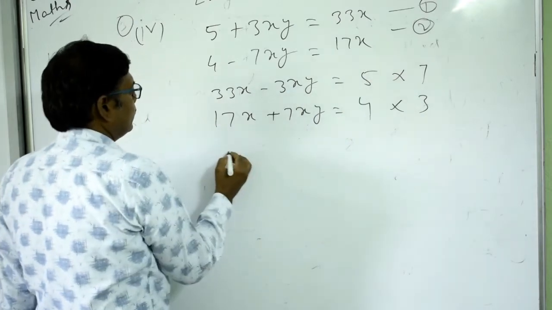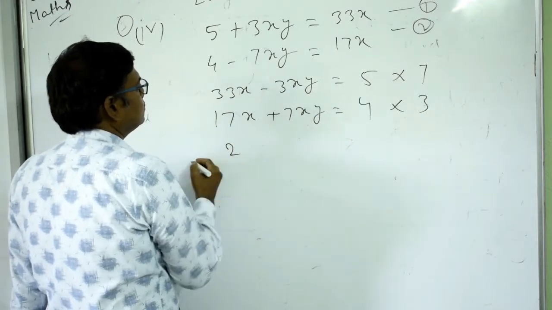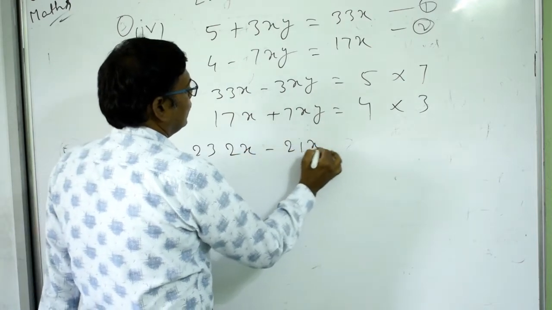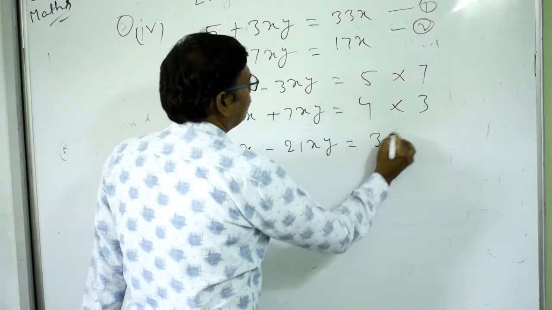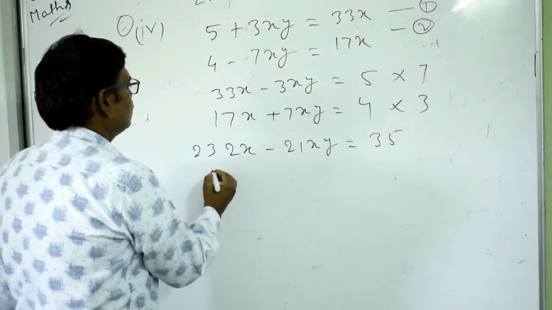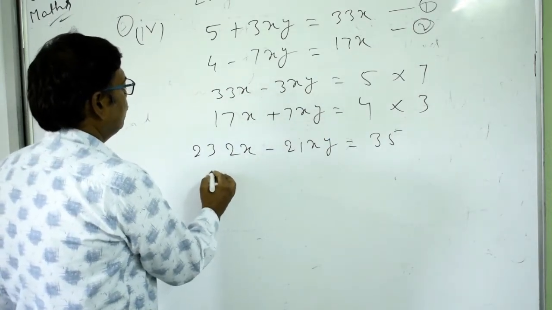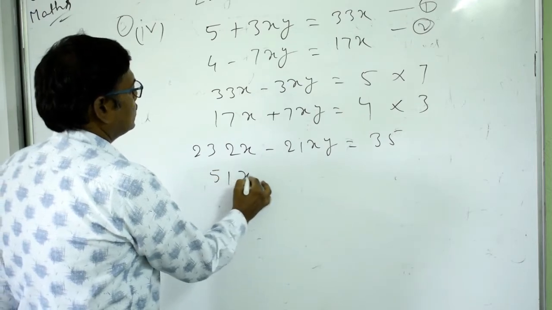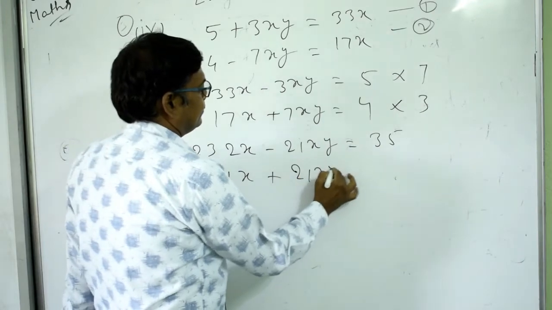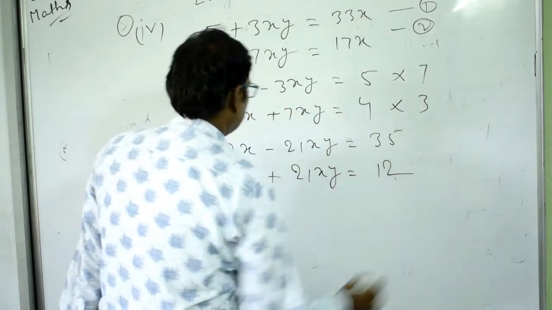7 times 3 are 21 and 7 times 5 is 35, minus 21xy equal to 35, and here also 17 times 3 are 51x plus 21xy equal to 12.